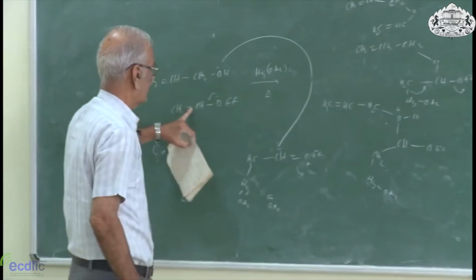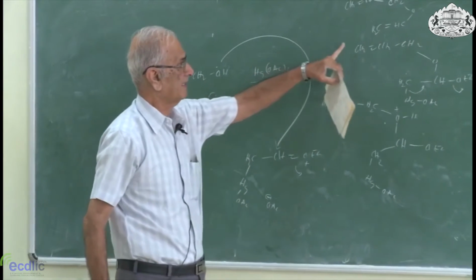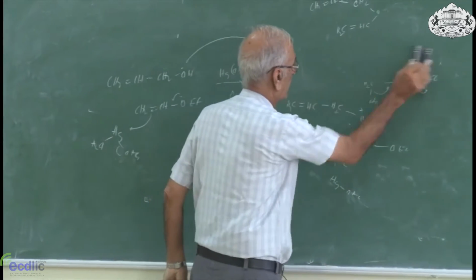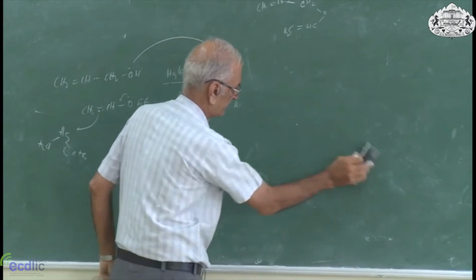So, first step in presence of mercuric acetate, we have prepared allyl vinyl ether.